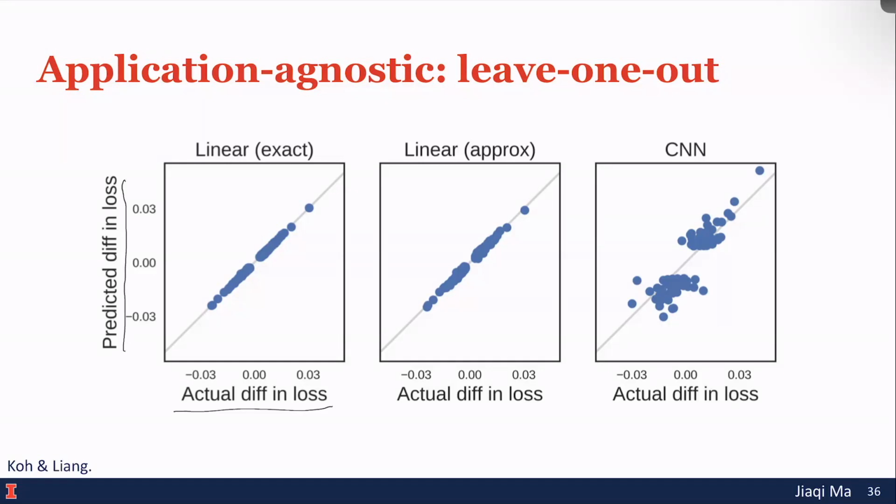Then we compare these two, usually through rank correlation, to see if the order of importance is the same in terms of influence function score and the actual leave one out retraining.